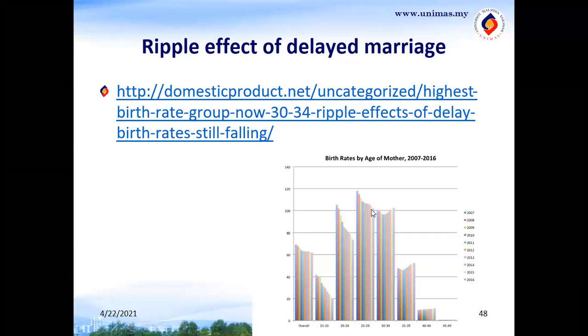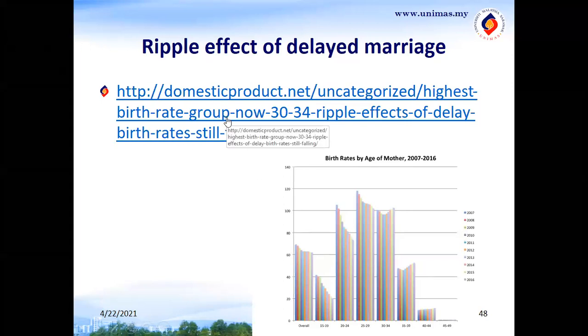This we expected, but at 34 it should be going down, yet the trend in the US is that it's still high, because of late marriages, or having children in the 30s after college and so on.